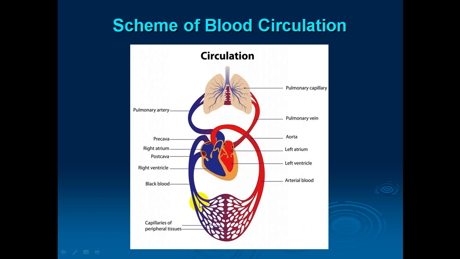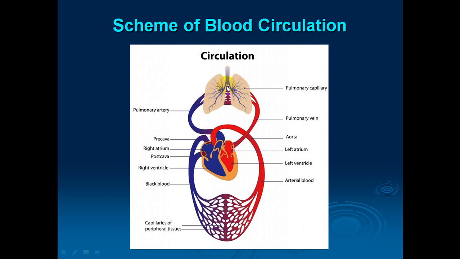As you know, blood from all parts of the body will flow from the organs to the right side of the heart, meaning the right atrium and right ventricle, and then from the right side of the heart, the blood will be pumped into the lung, and in the lung there will be exchange between oxygen and carbon dioxide.